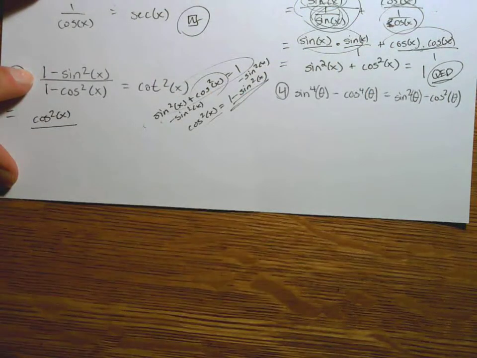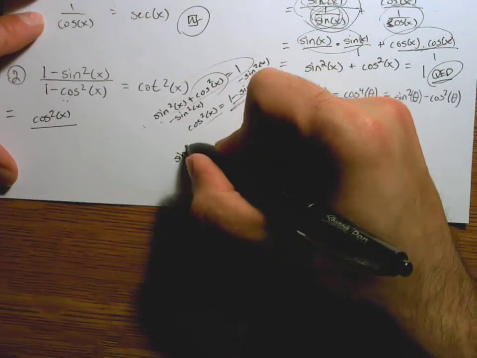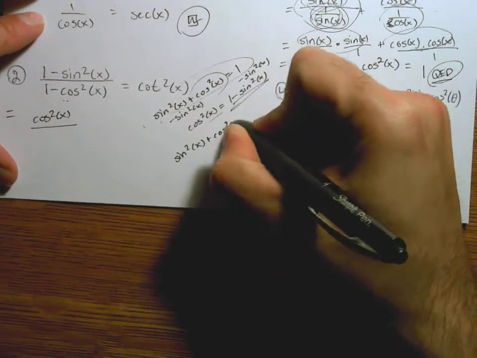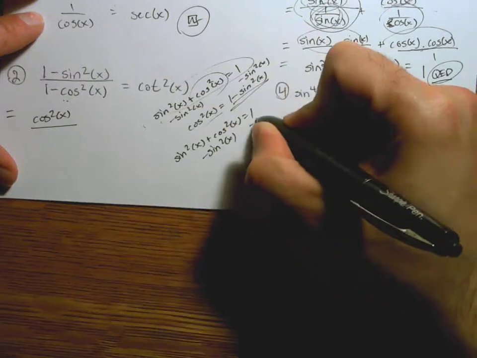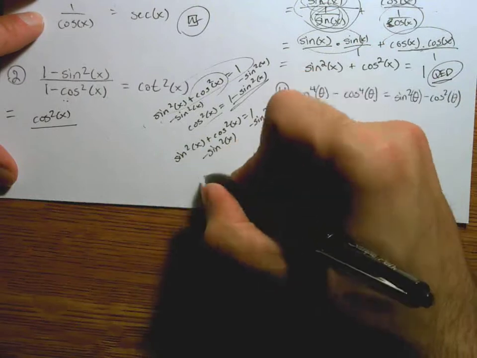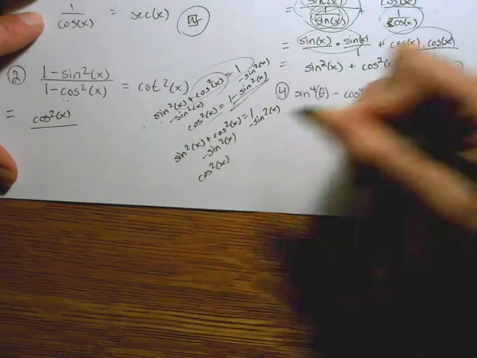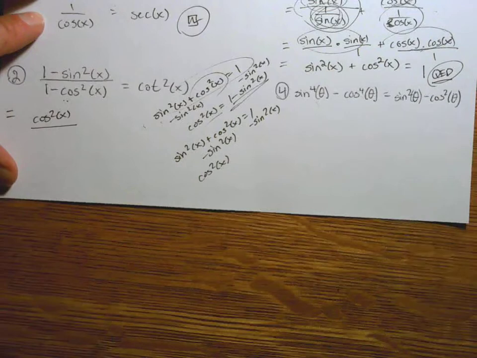And then similarly on this bottom, I can rewrite my identity, take away sine squared, and then what am I left with? I'm left with cosine squared. I took away the same thing. Yeah, if you guys are in class, maybe you would tell me this. So I take away cosine squared from both sides.